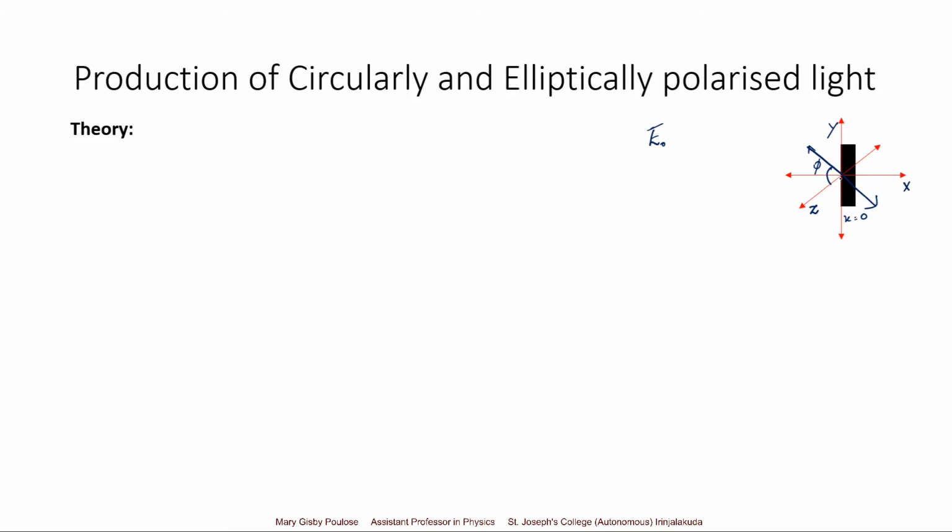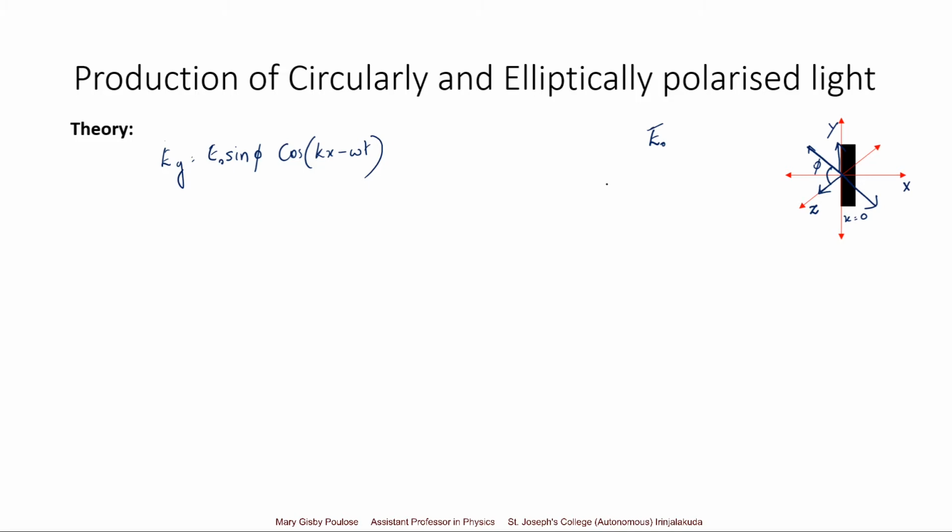Hence, as it enters the crystal, it will be resolved into two components, the O component and the E component. The O component will be perpendicular to the axis of the crystal and the E component will be parallel to the axis of the crystal, and they can be written as: Ey, the component along the y-axis, is E naught sine phi into cos of (kx minus omega t). This is the expression of a general wave.